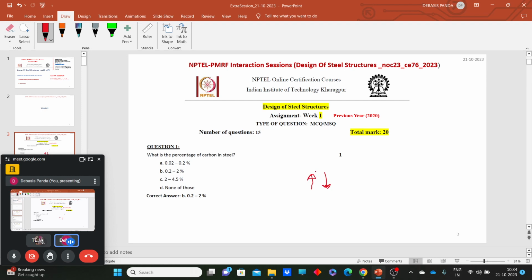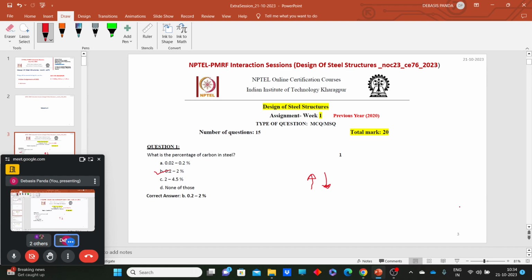Generally, the percentage of carbon in steel will vary from 0.2 to 2%. In the week 1 assignments, there is a particular table where these details are provided. I will suggest please go through that table also. Maybe MCQ type questions may come from there.